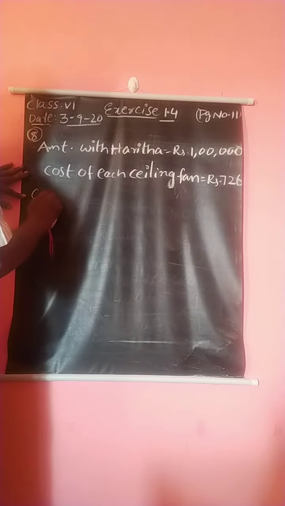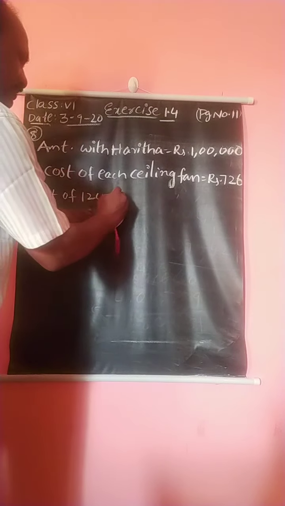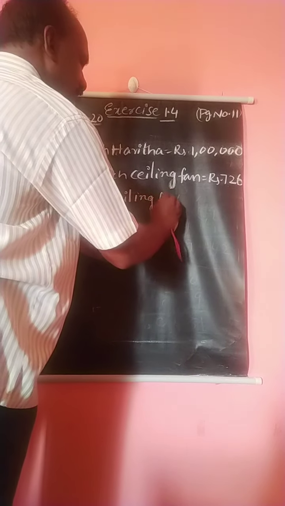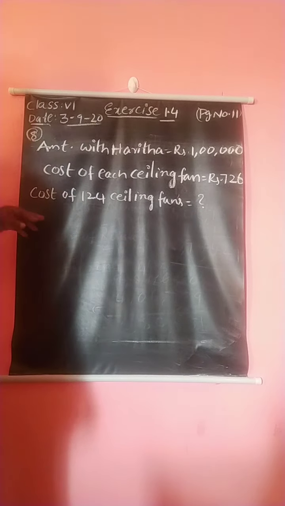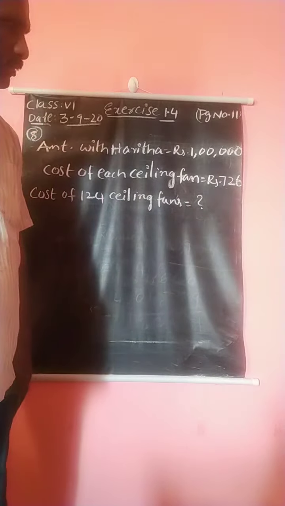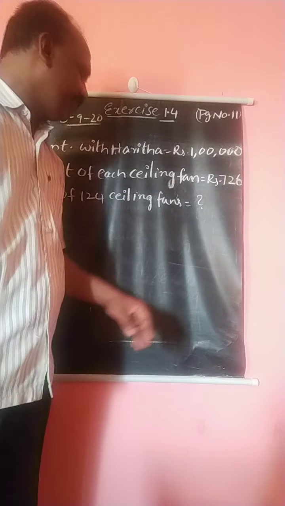124 ceiling fans. Now, the cost of 124 ceiling fans is equal to how much? One ceiling fan costs 726 rupees. We want to find the cost of 124 ceiling fans.